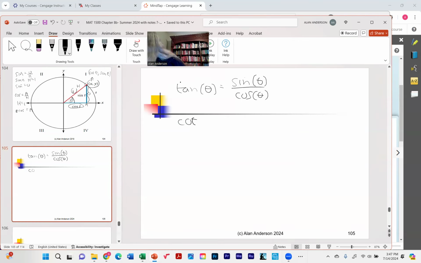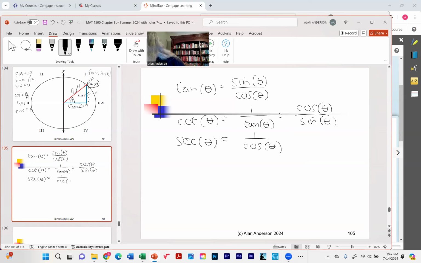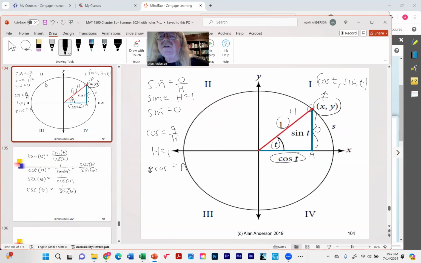Well, the cotangent is the inverse of the tangent, which means we can derive it as simply the cosine over the sine. What about the secant? That's the inverse of the cosine. And what about the cosecant? That's simply the inverse of the sine. So in principle, if you know the sine and cosine, if you derive them from this unit circle, then the others all just fall right into place.